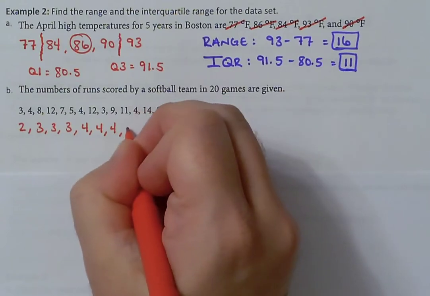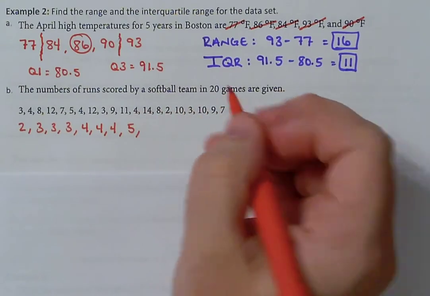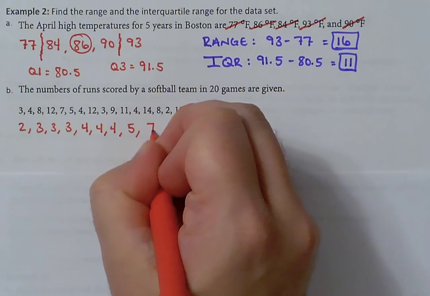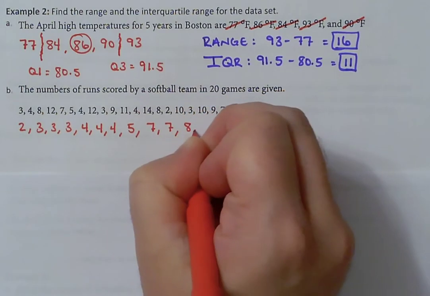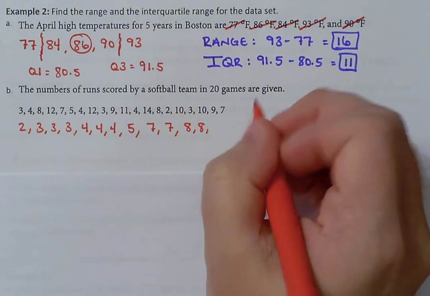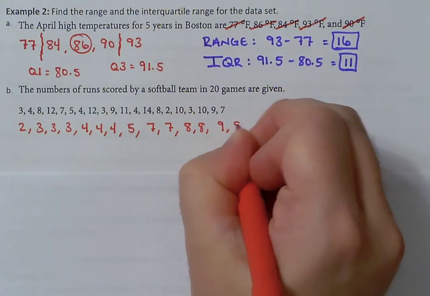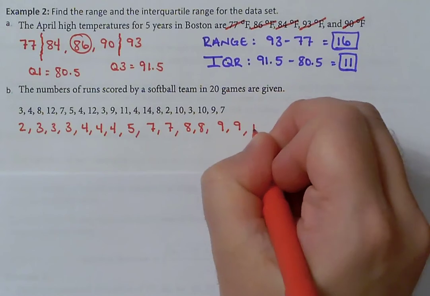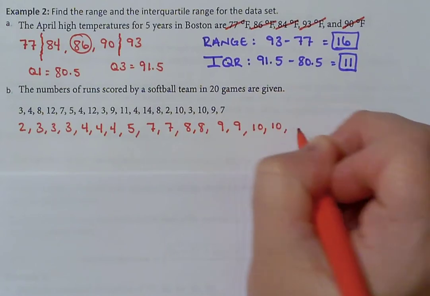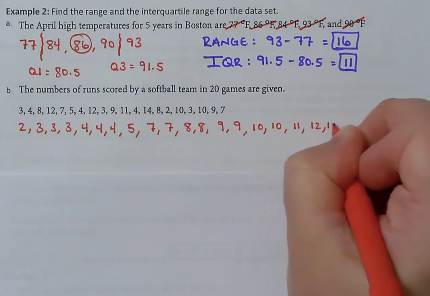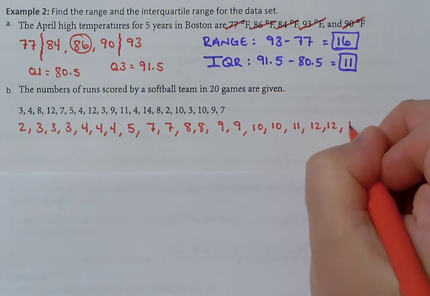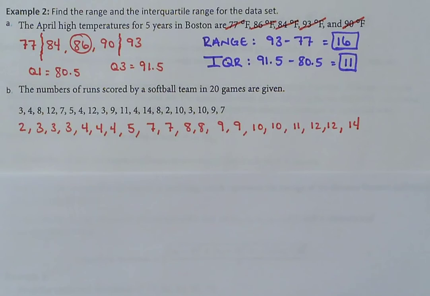We have 1 5, 2 7s, 2 8s, 2 9s, 2 10s, an 11, 2 12s, and then lastly a 14. So that is putting the data set in order from least to greatest.